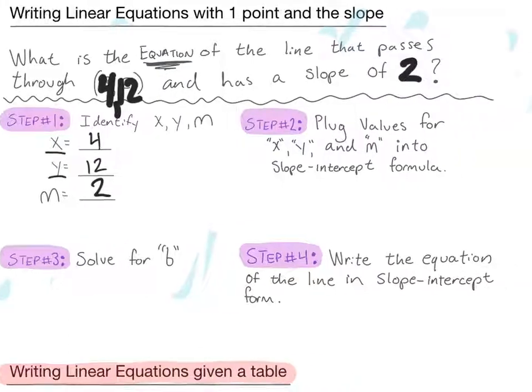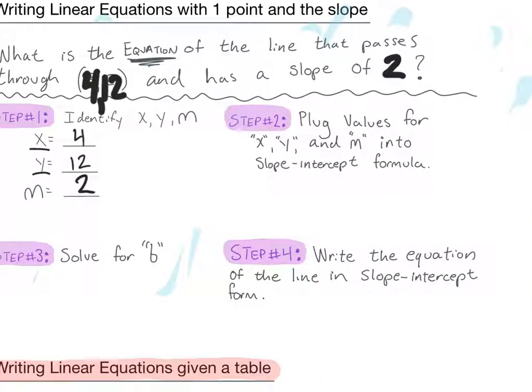Next, we are going to plug values for X and Y and M into our slope-intercept form. So slope-intercept form, y equals mx plus b. Now we're just going to plug them directly in. Our y is 12. Our m is 2. Our x is 4 plus b.